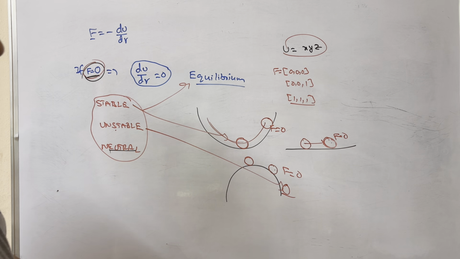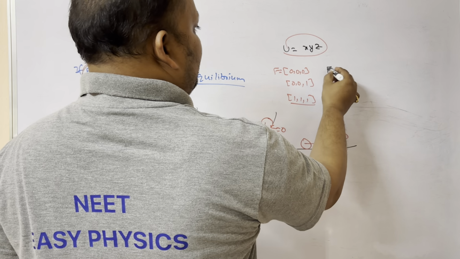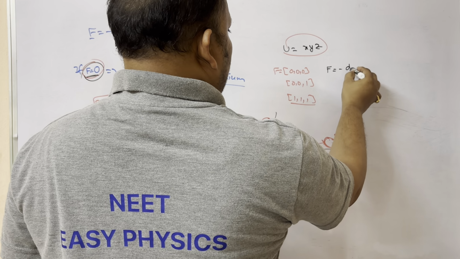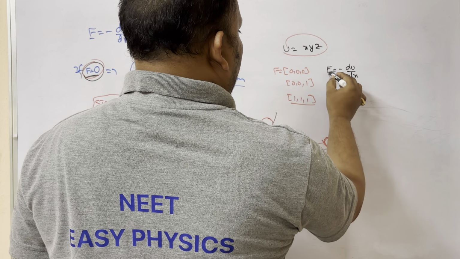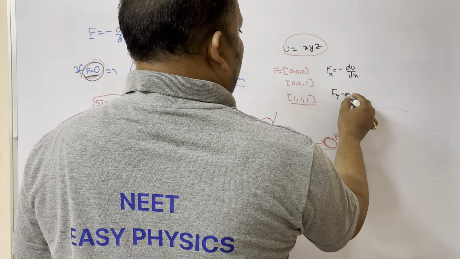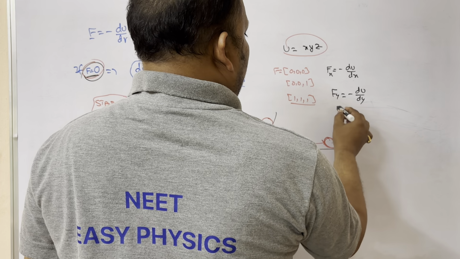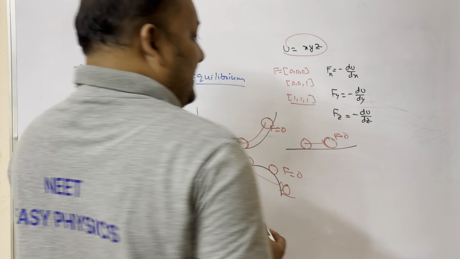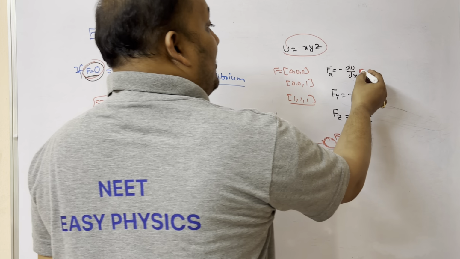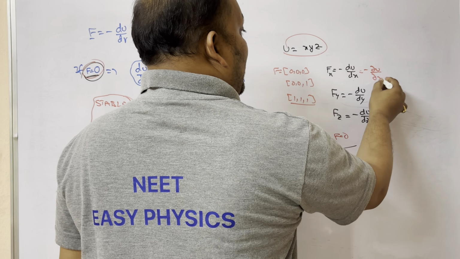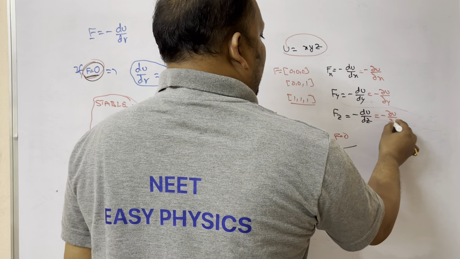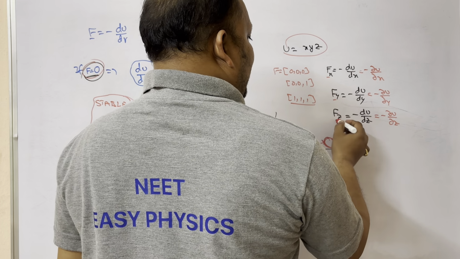At that time, how do we do it? Fx is equal to minus dU by dx, Fy is minus dU by dy, Fz is minus dU by dz. This dU by dx is called partial differentiation: minus dou U by dou x, minus dou U by dou y, minus dou U by dou z, giving Fx, Fy, Fz.